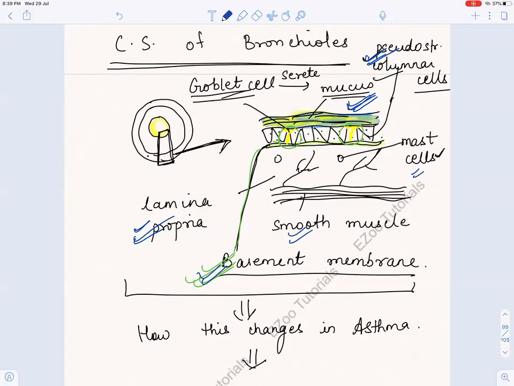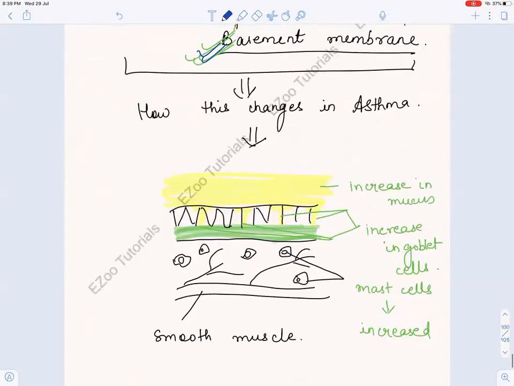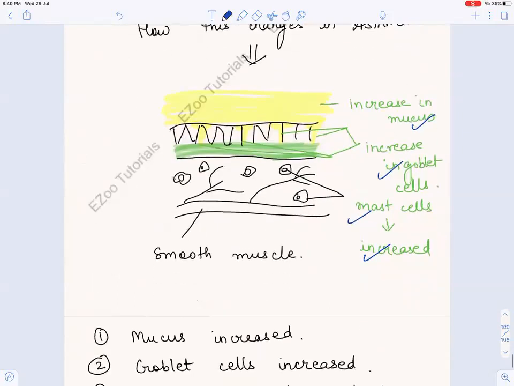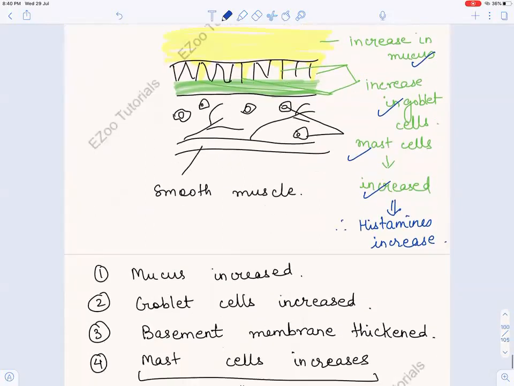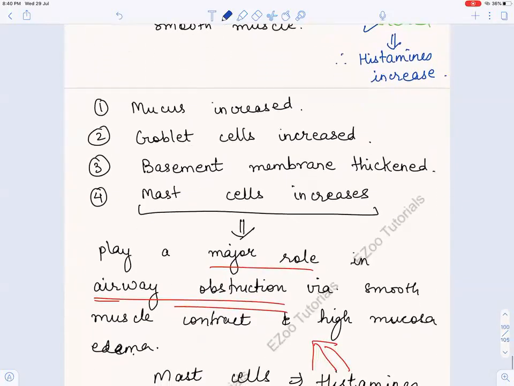And these mast cells secrete histamines, okay? And how does this change? There's an increase in mucus, an increase in goblet cells, and an increase in mast cells, and therefore histamines increase, okay? And there is airway obstruction, right? So this is what is happening.